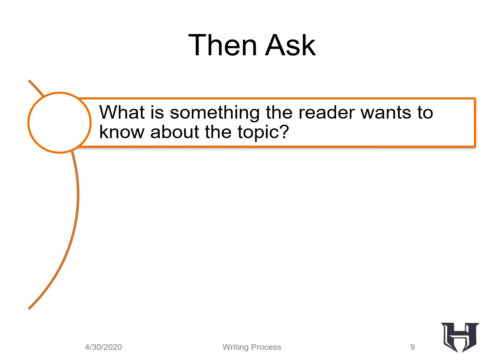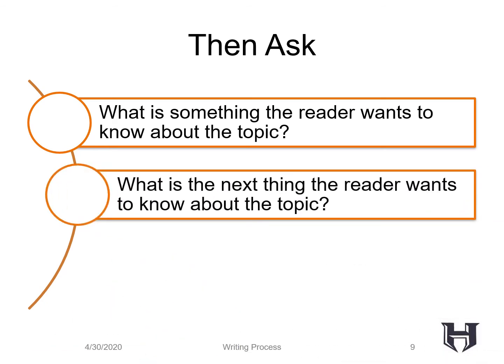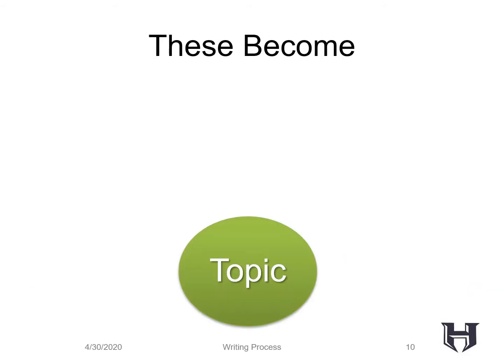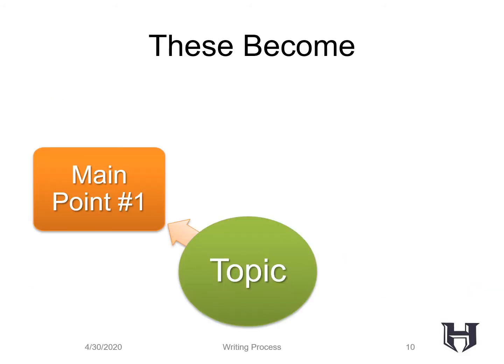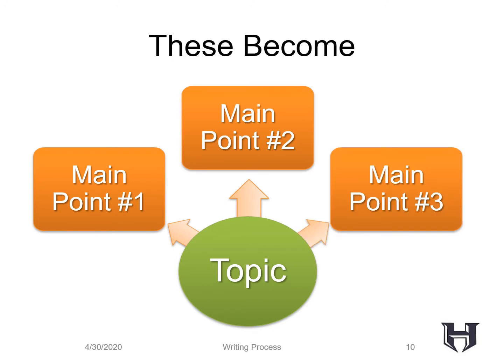That's going to become main point number one. Then ask, what's the next thing the reader needs to know about that topic? That's going to become main point number two. Then ask, what is a third thing the reader wants to know about the topic? That's going to become main point number three. These become main point number one, main point number two, and main point number three.